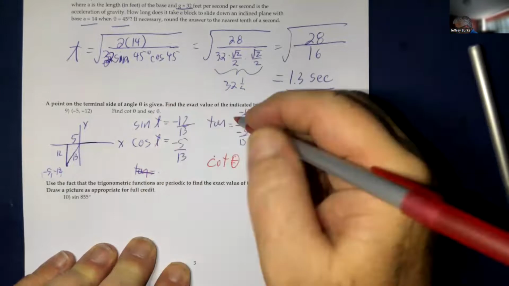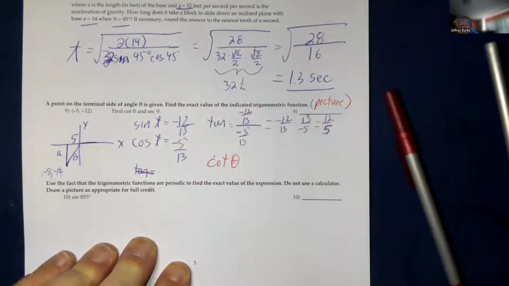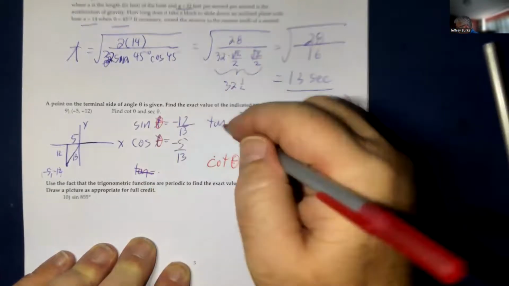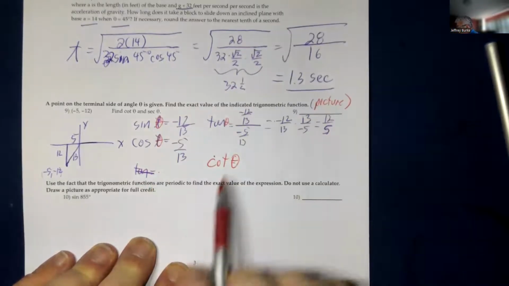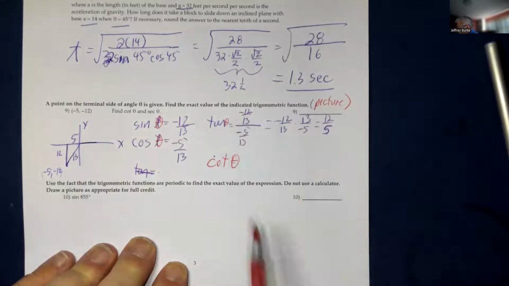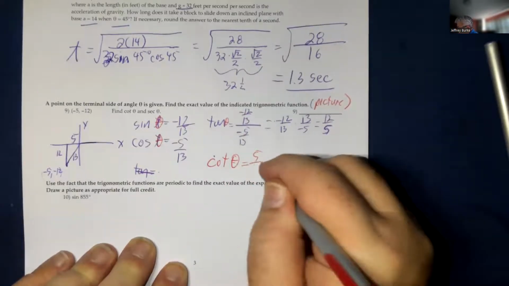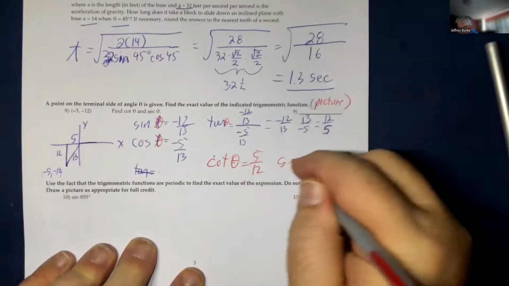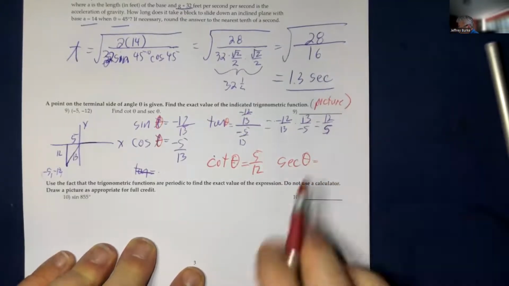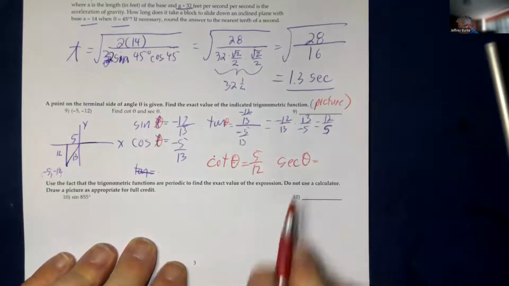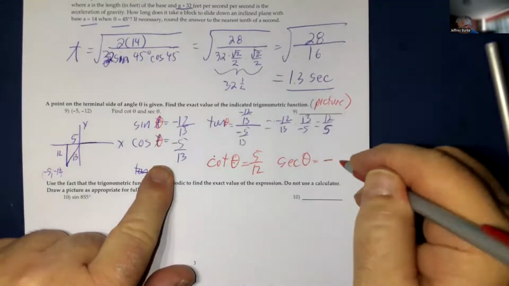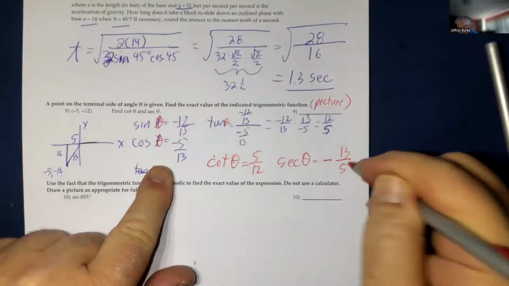And by the way, they use theta and I've been using t, so let me go ahead and correct that. If the tangent of theta is equal to 12 over 5, the cotangent of theta is going to be equal to 5 over 12. We've discussed these relationships a lot in class. And then the secant of theta is the reciprocal of the cosine. So if the cosine is -5 over 13, then I can write the secant as -13 over 5.